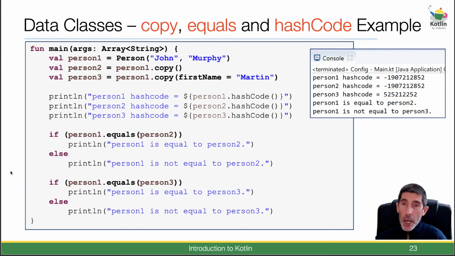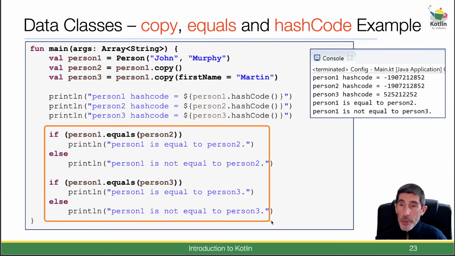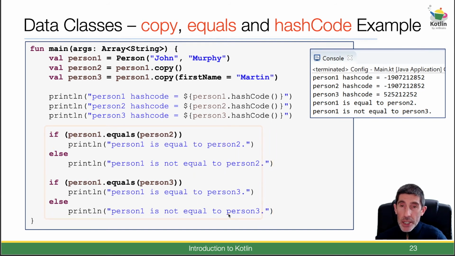And then we can invoke some of the other methods. There's a big if-else block, so we're checking to see if person1 equals person2. Again, equals is based on the data, or the value of what's stored inside it.